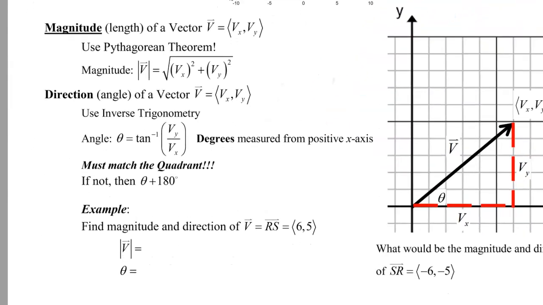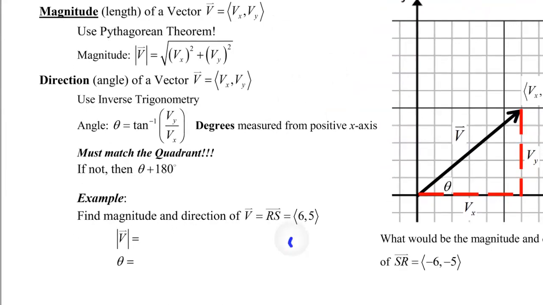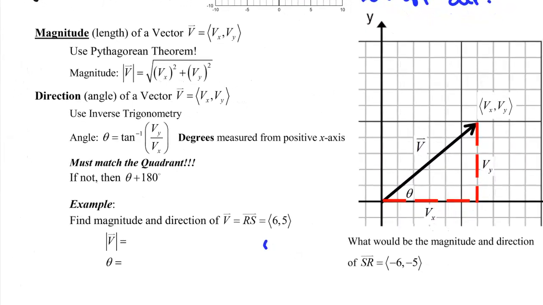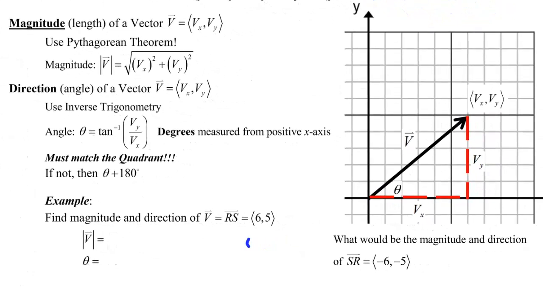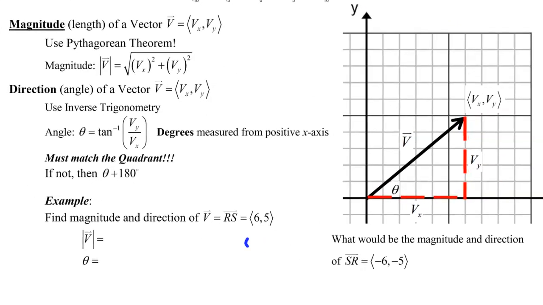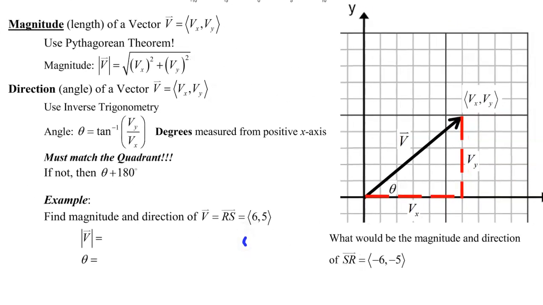Okay, let's see. So let's talk about how we come up with our magnitude and direction for everything. Well, another name for magnitude is length, or what we call distance. And it's just from the beginning to the end.